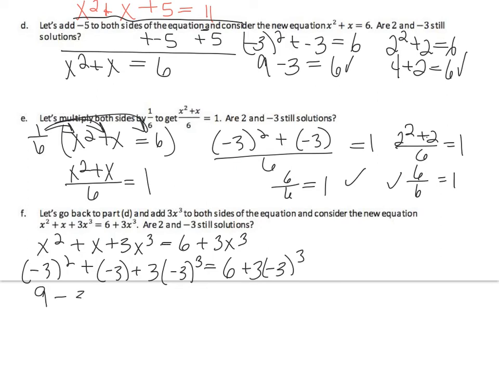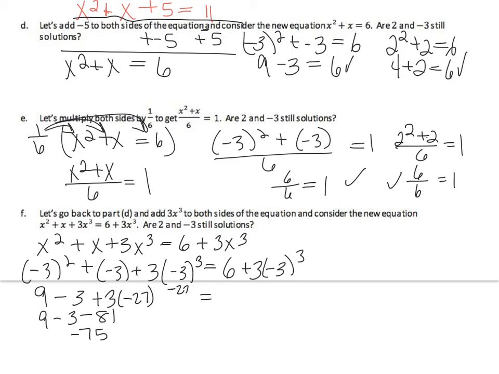9 minus 3, negative 3 cubed is negative 27. Nine minus 3 minus 81. You get negative 75.